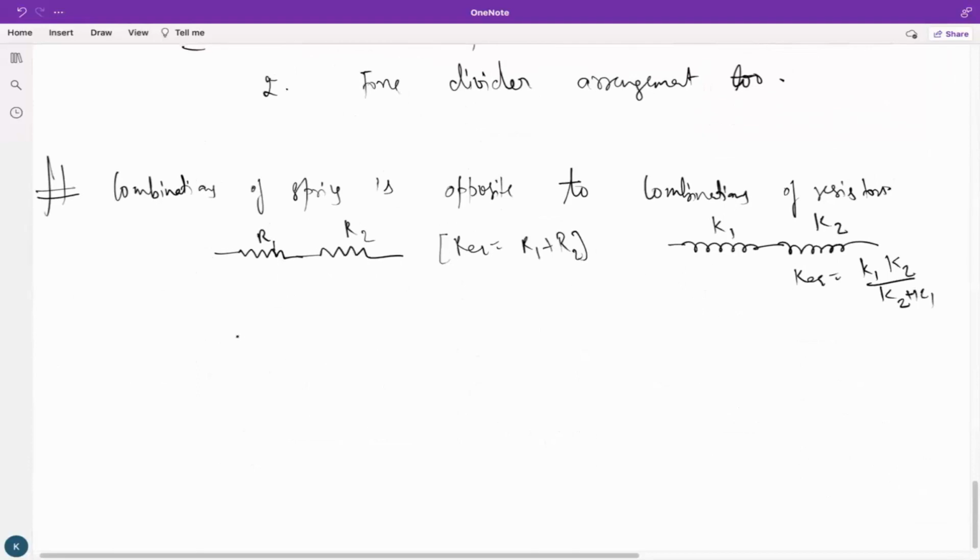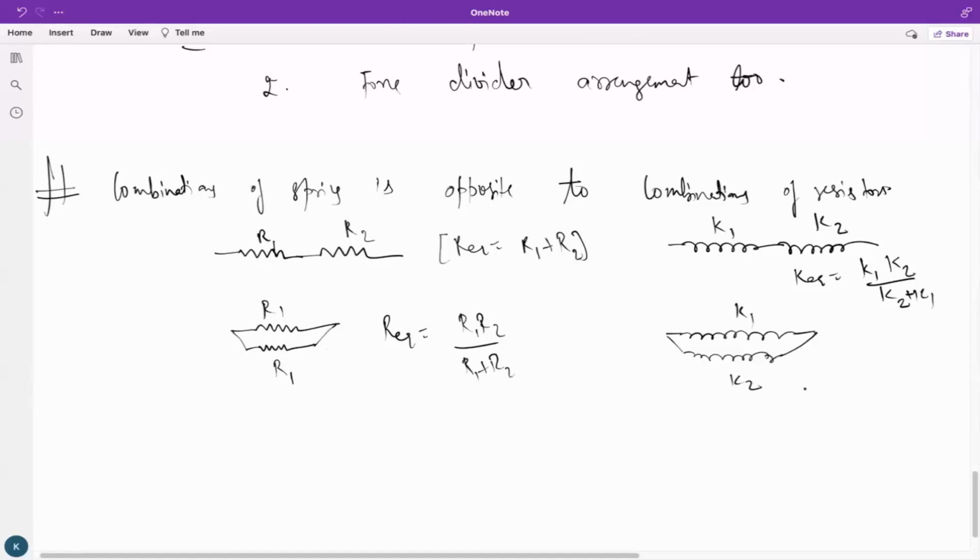And when two resistors are connected in parallel, our R equivalent is equal to R1R2 by (R1 plus R2), which you must have studied. But when two springs are connected in parallel with stiffness constants K1 and K2, the K equivalent is equal to K1 plus K2.